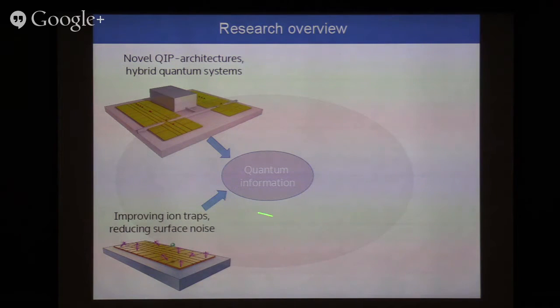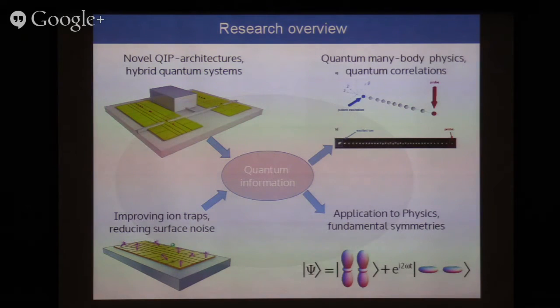We also have a project going on where we are mainly interested in overcoming some of the difficulties of pure ion-trap quantum computing, and I'll talk about this in a little bit more detail, so improving ion traps. However, this feeds into making quantum information processing a reality, but we want to use those tools also to do actual physics.